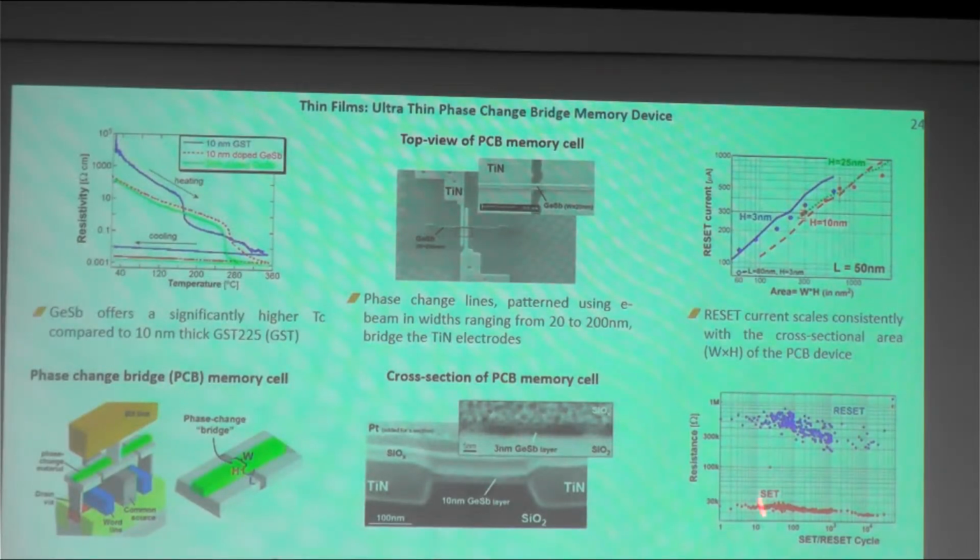Nice also is the difference between low resistance state and high resistance state. So such very thin, ultra thin layers also have potential for rapid scaling of PCM devices.